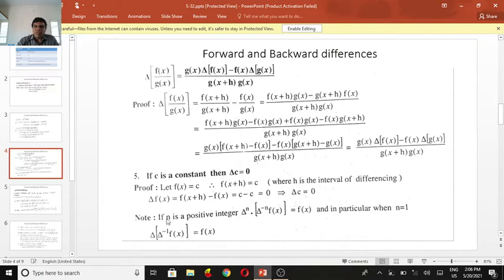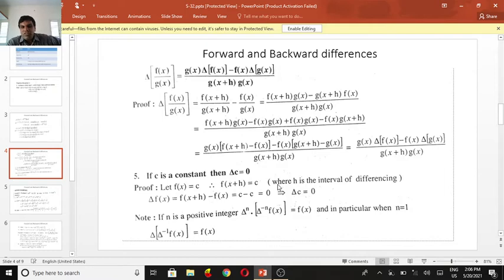If you take note, if n is a positive integer, Δ^(−n) f(x). By using the first property, the second property, Δ^m Δ^n f(x) equals Δ^(m+n) f(x). Here m is minus n, so m plus n gives Δ^(n−n), Δ^0 f(x), which is f(x). Δ^0 is 1.